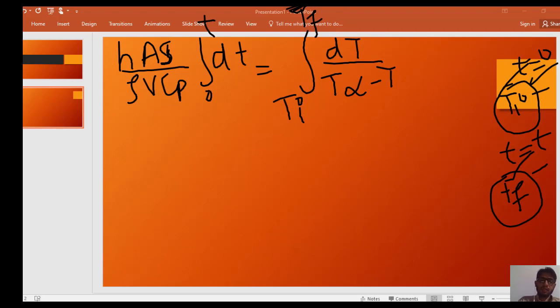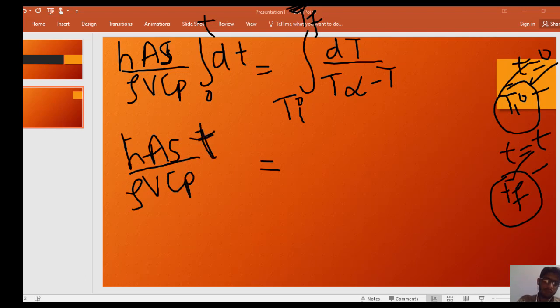Now integrate this equation. We will get the heat transfer coefficient of the air, surface area of the sphere, density of the sphere, volume of the sphere, heat capacity of the sphere, and time. After integration we will get this relation for the left hand side.